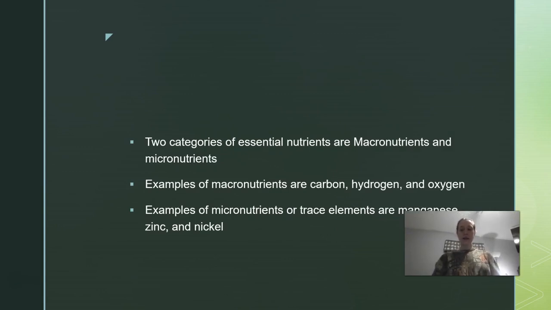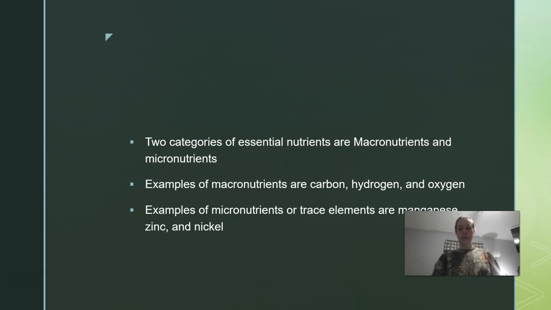Macronutrients are required in large amounts because they provide the basic building blocks for microbial cells. The most important macronutrients include carbon, nitrogen, hydrogen and oxygen, and phosphorus, like we saw in the last slides.